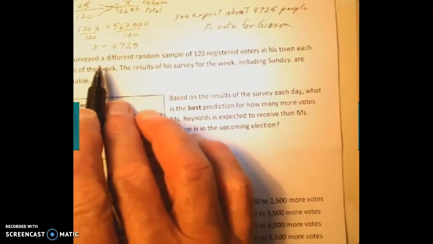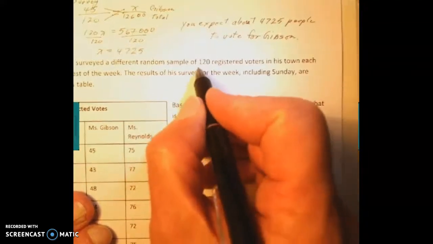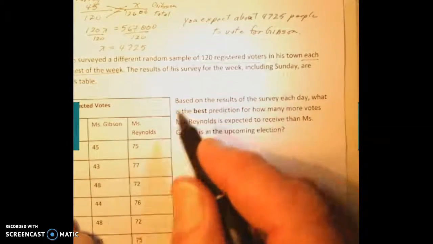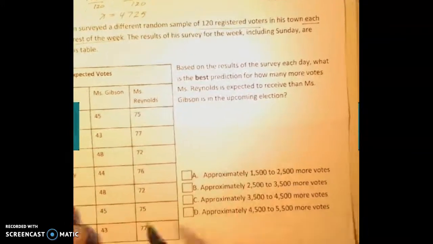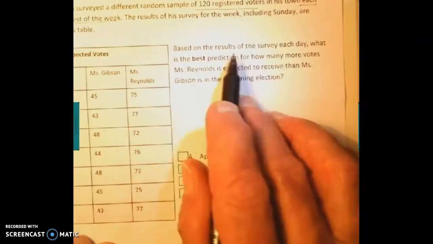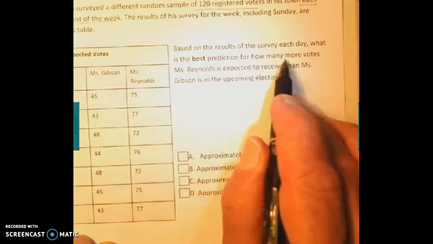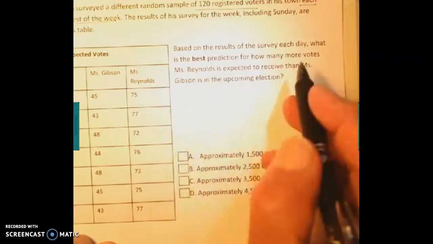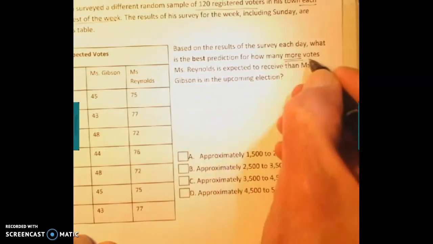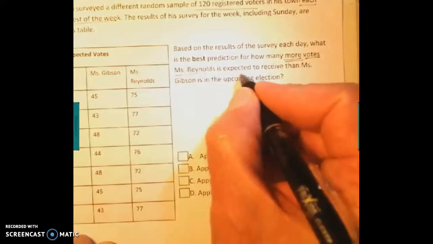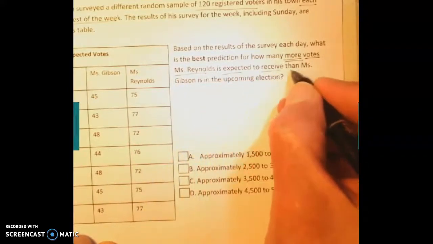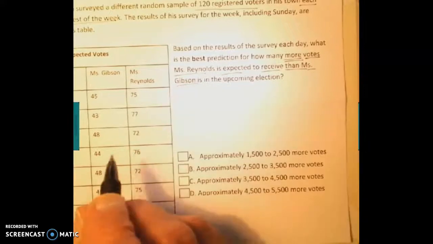Okay, part B. Ethan surveyed a different random sample of, again, 120 voters in his town each day for the rest of the week. The results of the survey, including Sunday, are shown in the table. And so, based on the results of the survey for each day, what is the best prediction for how many more votes Ms. Reynolds is expected to receive than Ms. Gibson?